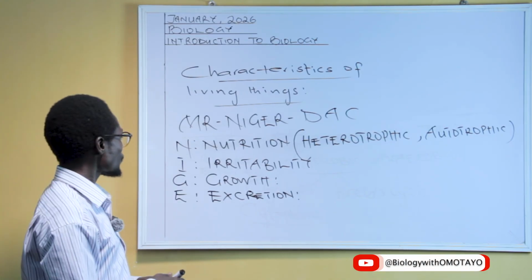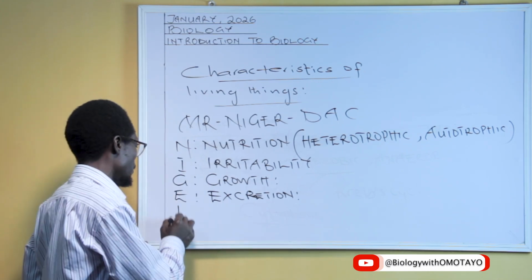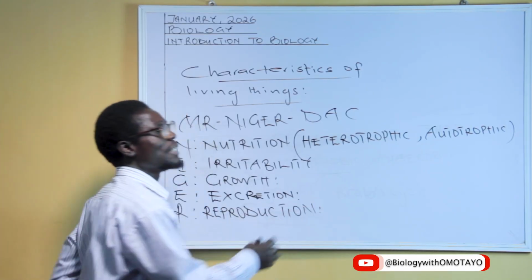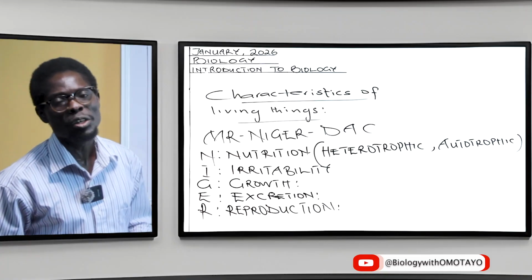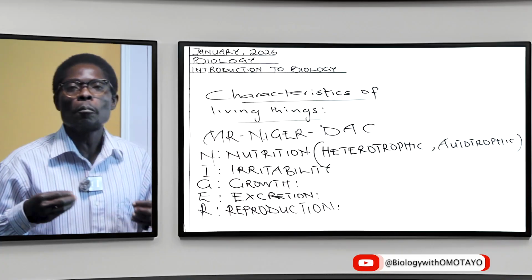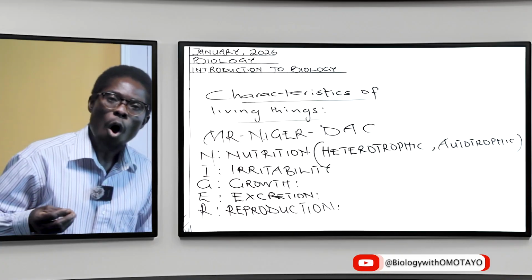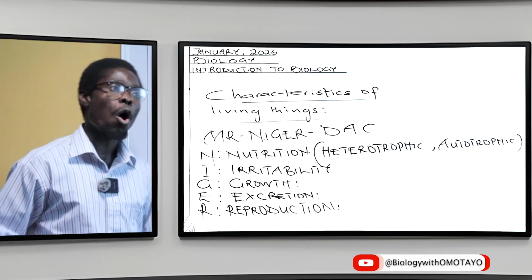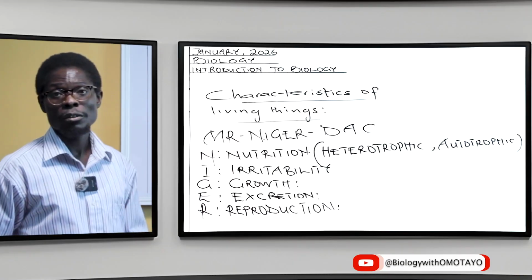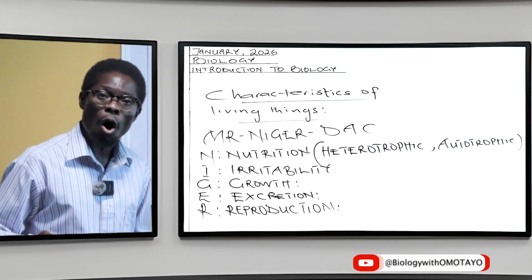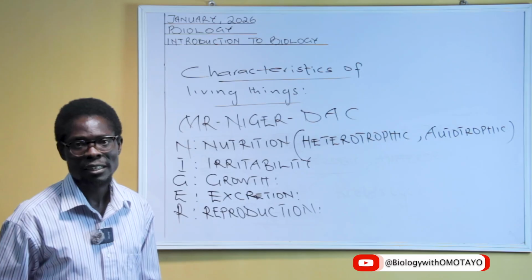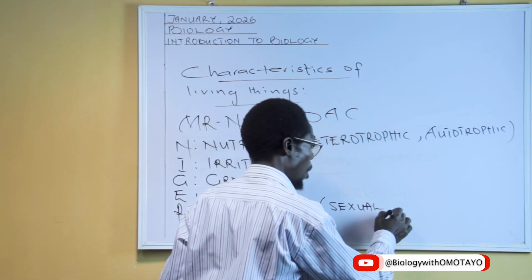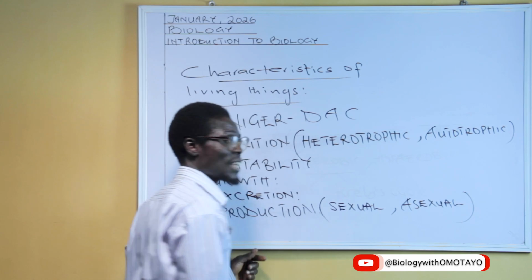Okay. Next, we go to the next R, which is reproduction. Now, reproduction simply deals with the making of more of an organism of same kind. This may be through sexual or asexual processes.